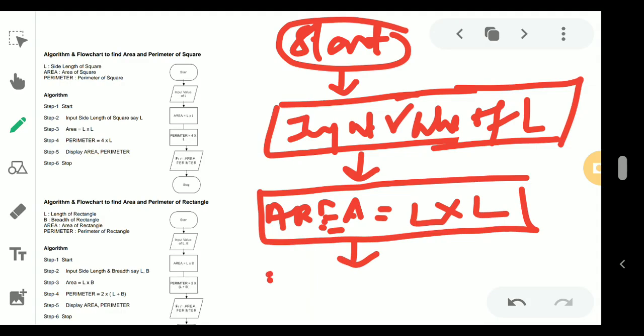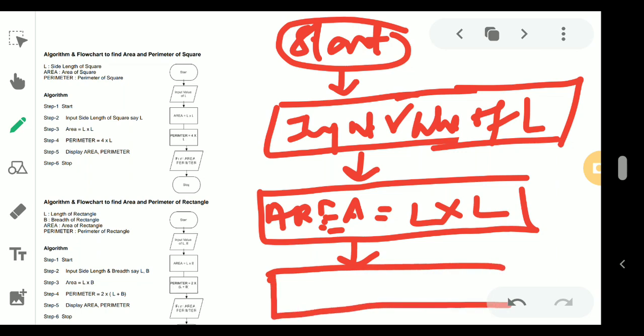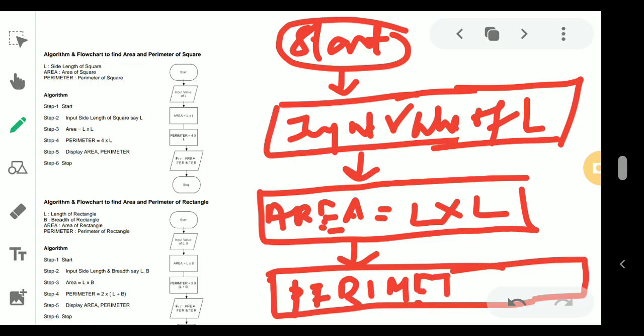Now we calculate the perimeter as well: PERIMETER equals 4 into L. Okay, we have done that. After that, two steps are remaining. I'm erasing this part and then drawing.